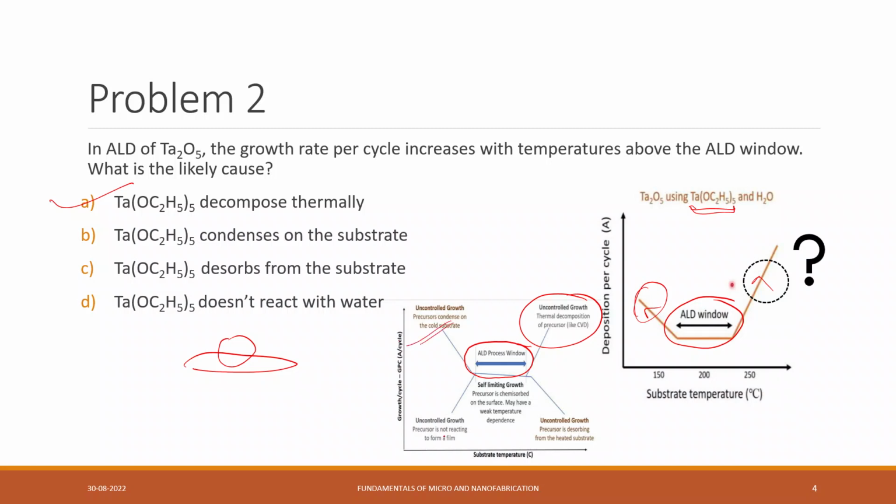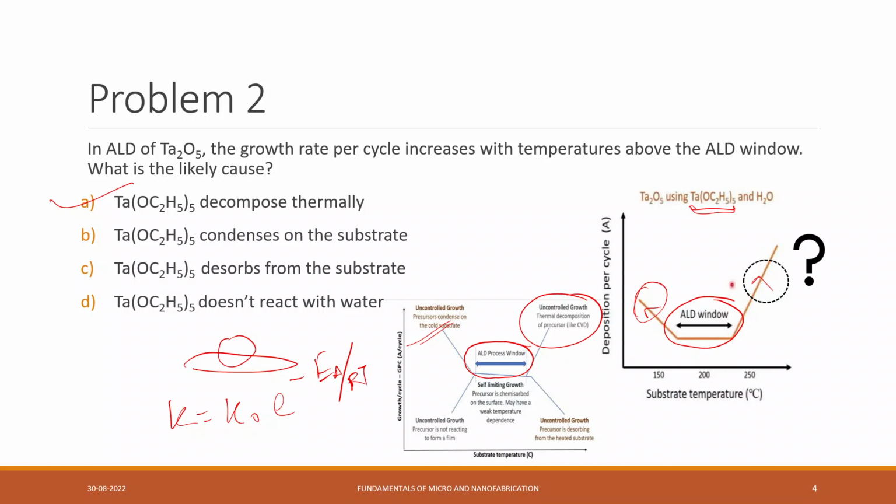Another thing is, we want requisite temperatures. At very low temperatures, sometimes we don't get a reaction. This is to be taken with the Arrhenius relation, k equals k naught e to the power minus Ea by RT, which has an exponential relation with the temperature. So we need some energy, some temperature, to get a reaction done.